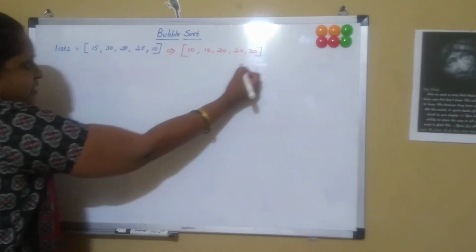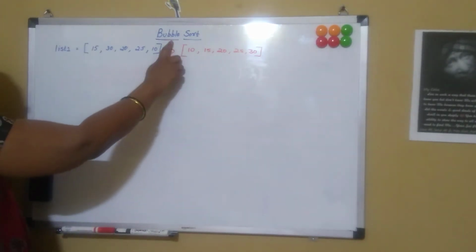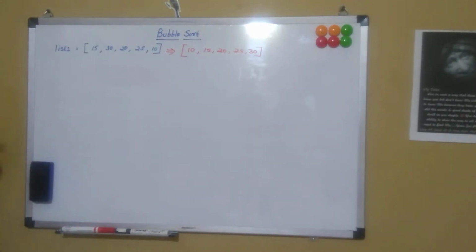So how can this output be achieved with the help of bubble sort? Let's see the bubble sort technique in today's session.